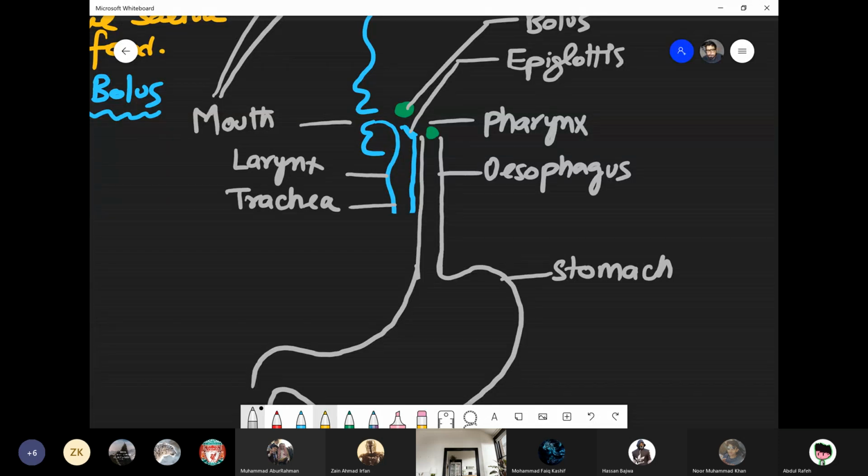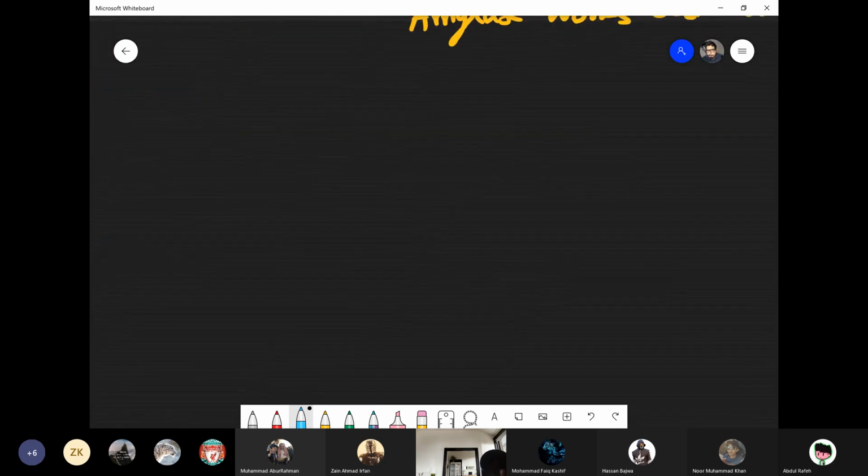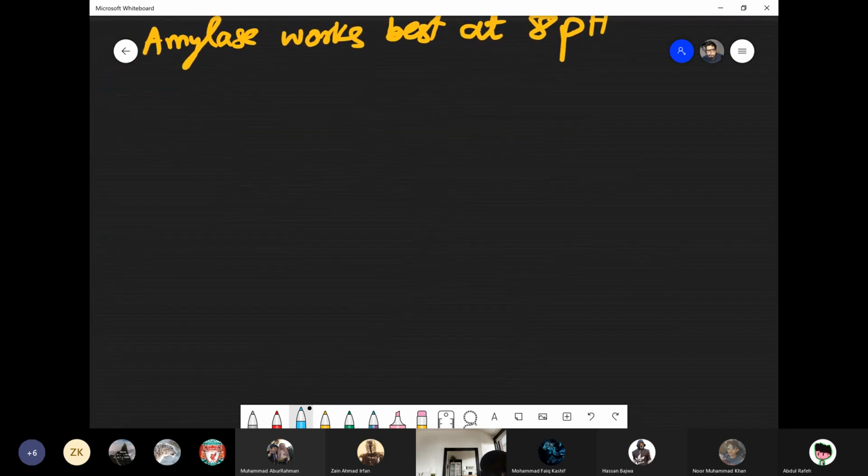Let me tell you that this bolus does not go down through the esophagus by gravity. It does not go down by gravity. This bolus goes down by a process which is called as peristalsis.